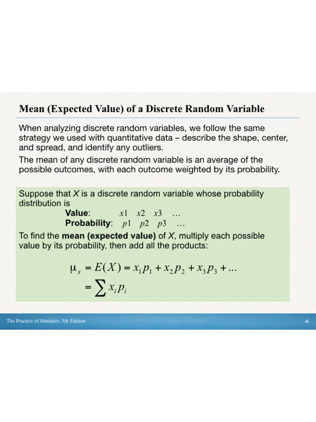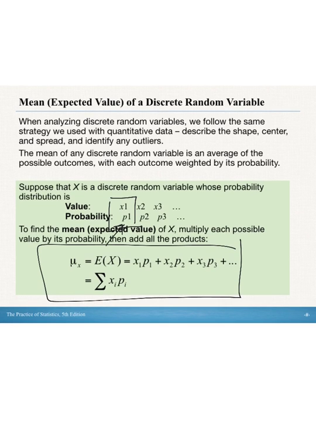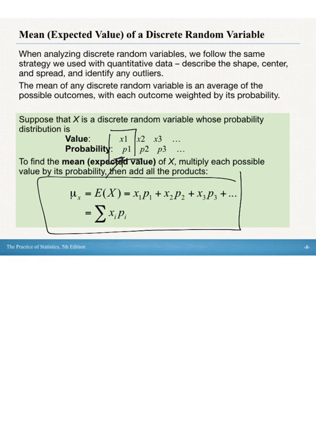When we're talking about the average of a discrete random variable, since we know how much each value is worth and how frequently it occurs, all we're going to do, and it looks like it's hard to read, is take each of the values and multiply by its probability.